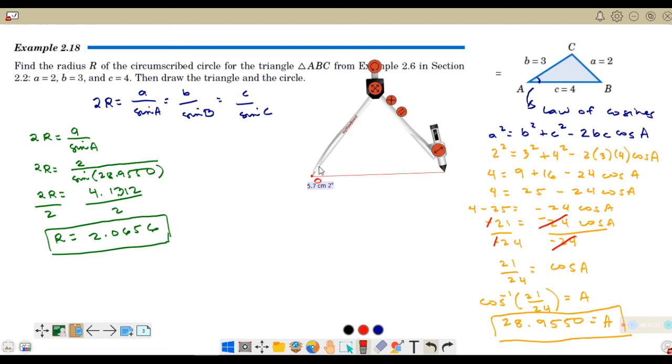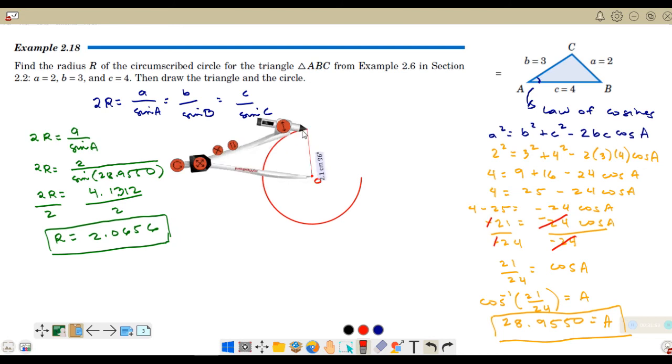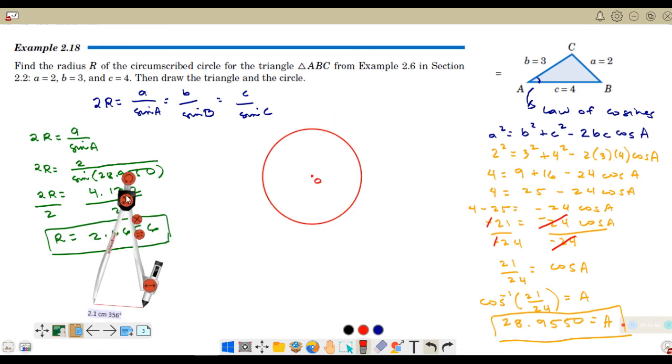Itong side na to with the sharp point. Tapos, paliitin natin yung ating compass. 2.0656 or 2.1. Pwede na 2.1. Yan, mga 2.1 siya. Yan. Ito yung circle natin na may laman sa loob na triangle ABC.